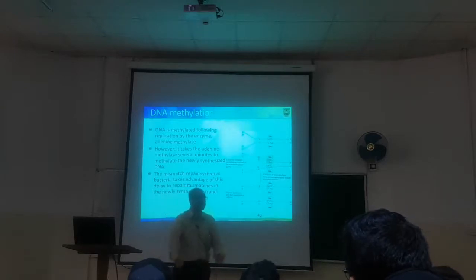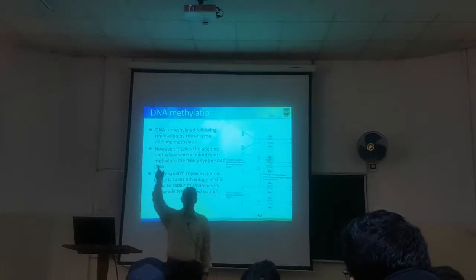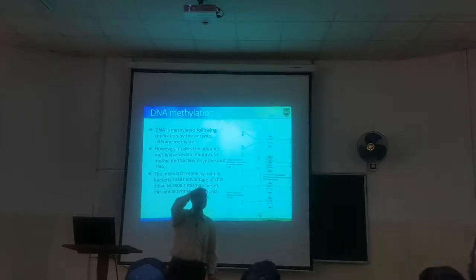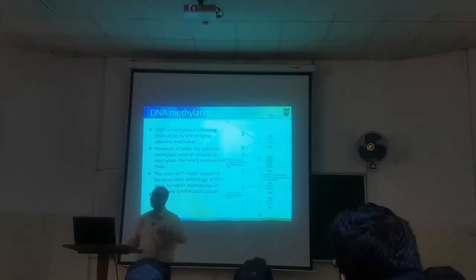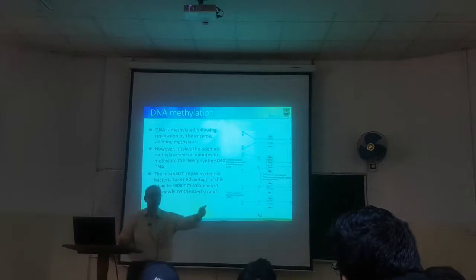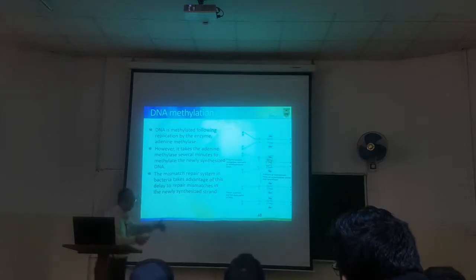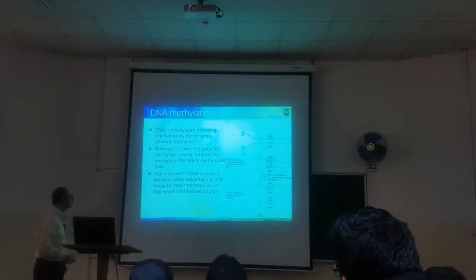When this system comes in and sees that there's a lesion, it looks at the methylated strand and says, this is the original one, and the other strand is the new one that must be fixed. So it knows which base it must remove. Again, they do the same work they always do.